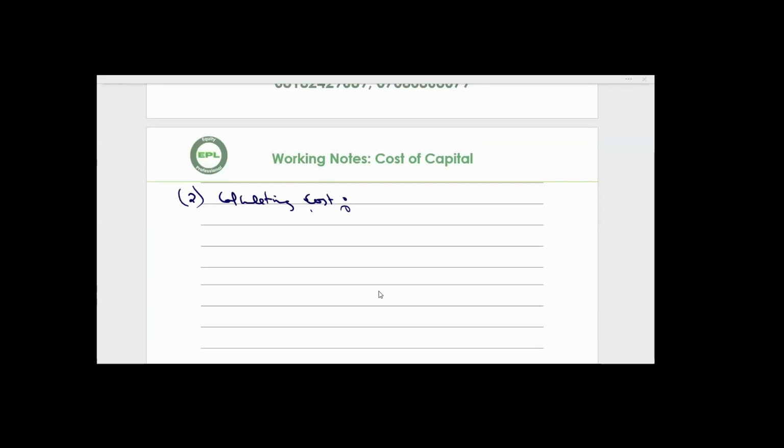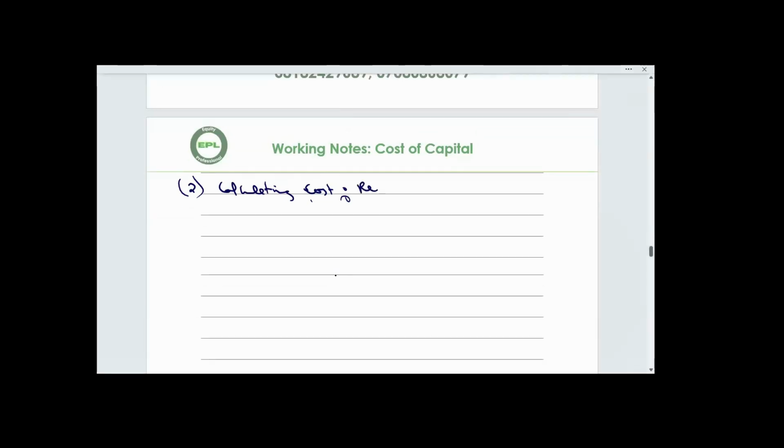Okay, so cost of redeemable debenture. What's wrong with you? Redeemable debenture.